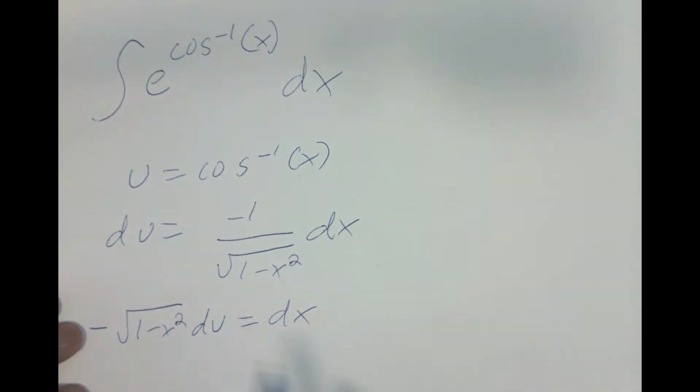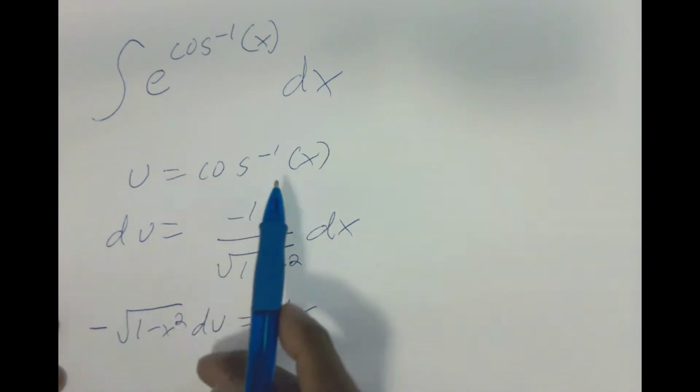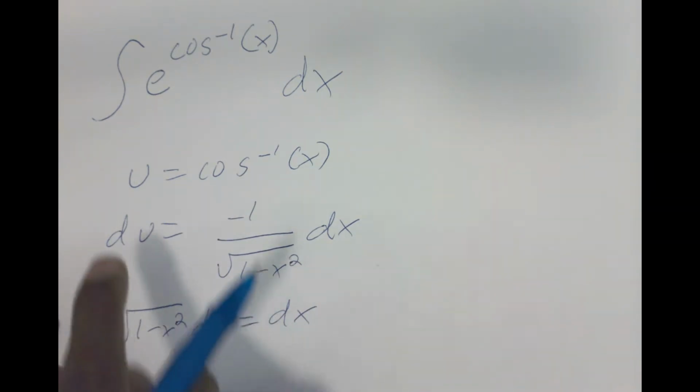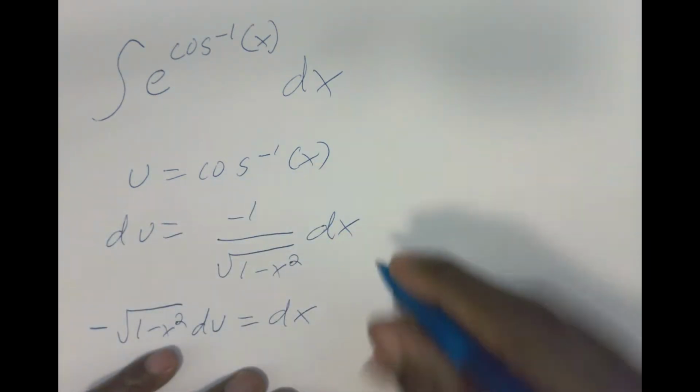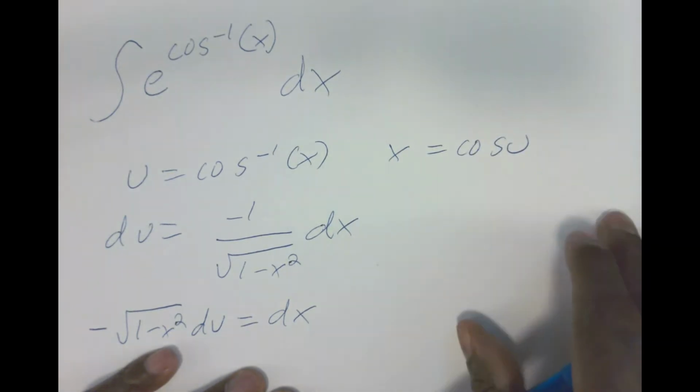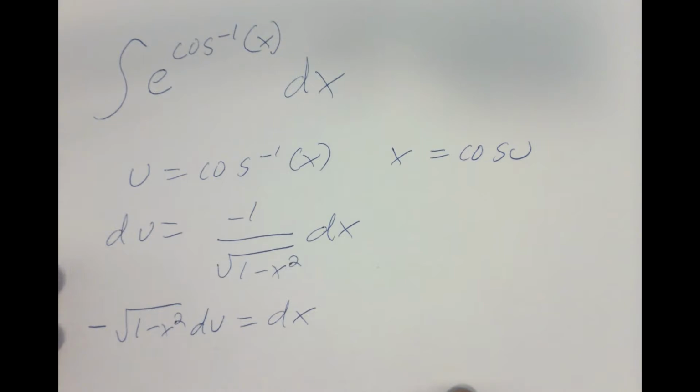We have dx and it equals this. Of course, the problem is this is du and this is x. We would like this to be du and u, not du and x. Well, we have a relationship between x and u, correct? Where u is the arc cosine of x. And if u is the arc cosine of x, that means that x is cosine u. And if x is cosine u, that means this is the negative square root of 1 minus cosine squared u.